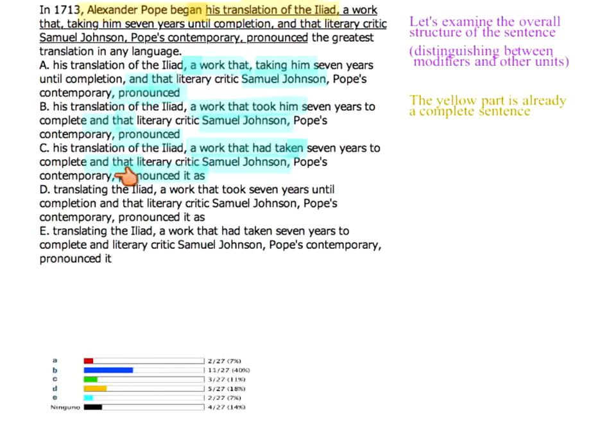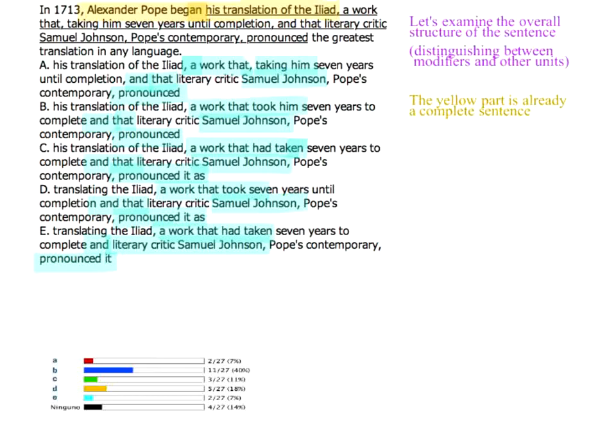This is the pronoun that we mentioned at the beginning of the study hall here. And a work that took 7 years, and that Samuel Johnson pronounced it as something. And then a work that had taken 7 years to complete. And this, just Samuel Johnson pronounced it.